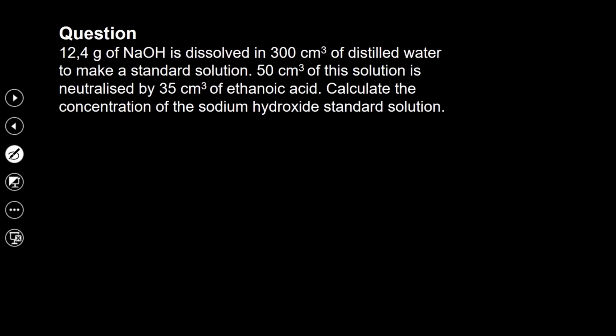So in this case, we've got sodium hydroxide, which is our base. From the equation, it reacts with ethanoic acid, an organic acid, CH3COOH, to give us our salt, which is sodium ethanoate, CH3COONa, plus H2O.